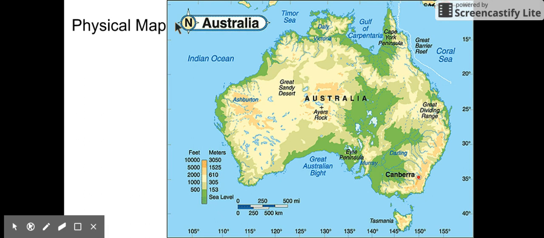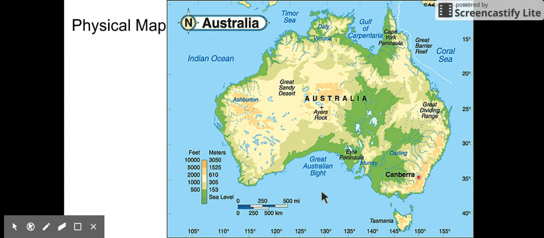Another important part of a map is the distance scale. Map makers cannot create maps that are the actual size of places in the world because those maps would be gigantic. Imagine trying to fold up a full-size, accurate map of Australia and put it in your pocket.